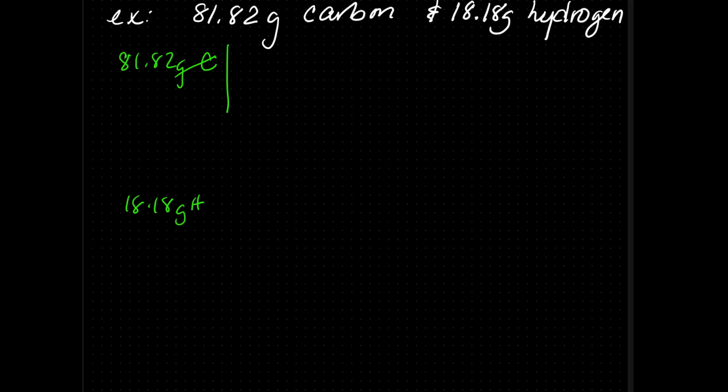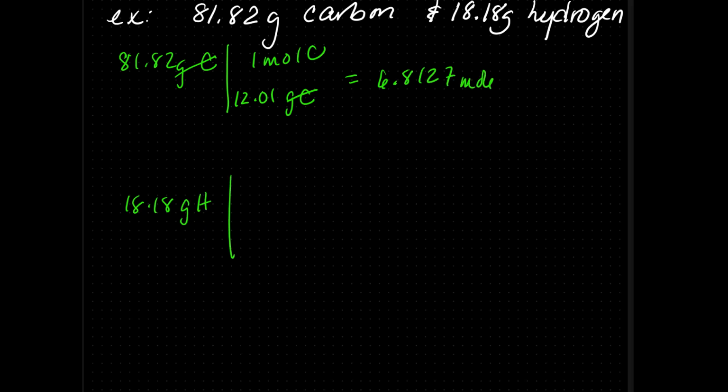Grams of carbon, 1 mole of carbon is 12.01 off the periodic table. So 81.82 times 1 divided by 12.01 is 6.8127 moles.